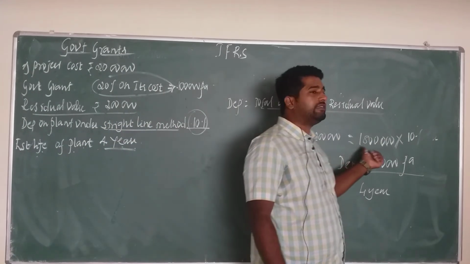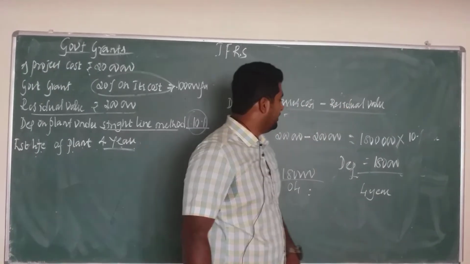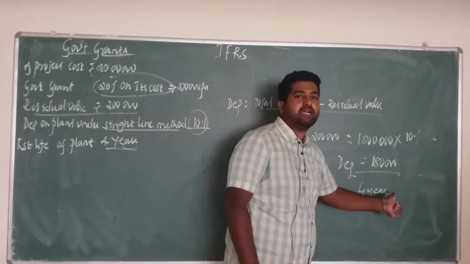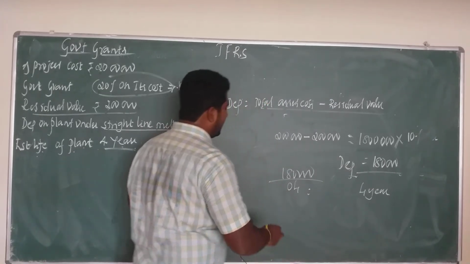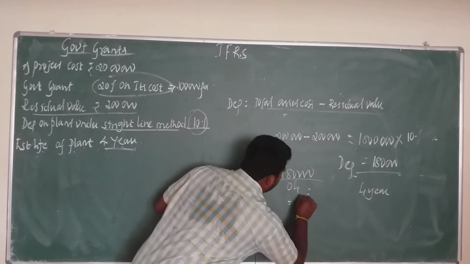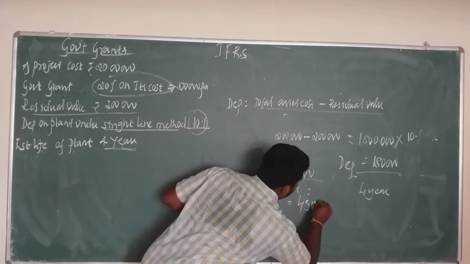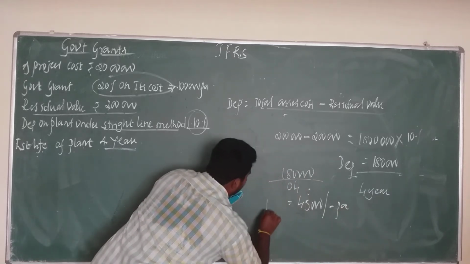So 18 lakhs at 10%, 1,80,000 is the total value of DEP. On that, total DEP divided by estimated life of the asset. So per annum, 1,80,000 divided by 4 is 45,000 per annum of DEP we need to charge.